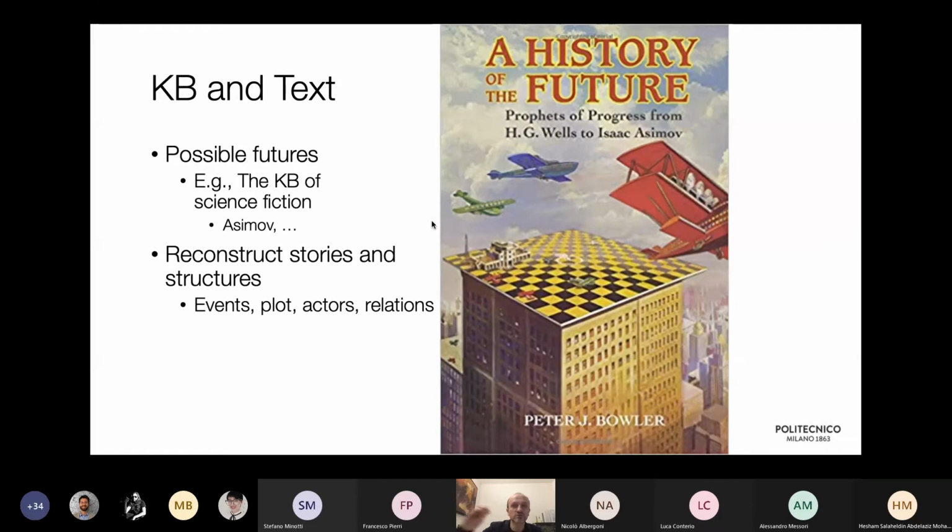Okay, here we have an example for science fiction, Isaac Asimov, or you take all the books of Harry Potter, whatever, and you analyze how the different actors evolve in time. Clearly the final objective could be almost unreachable.